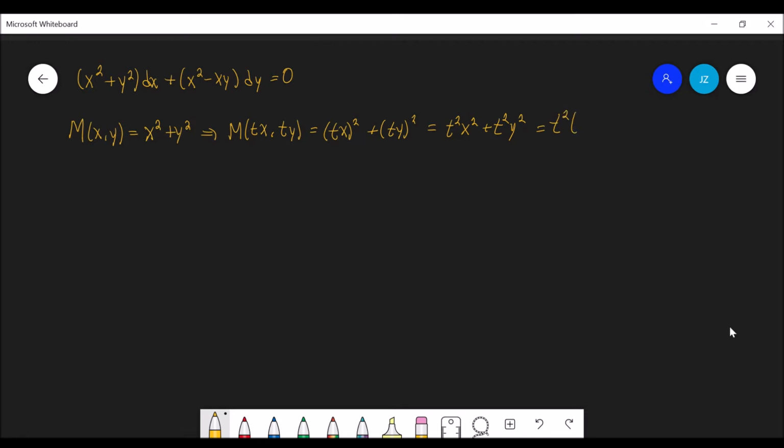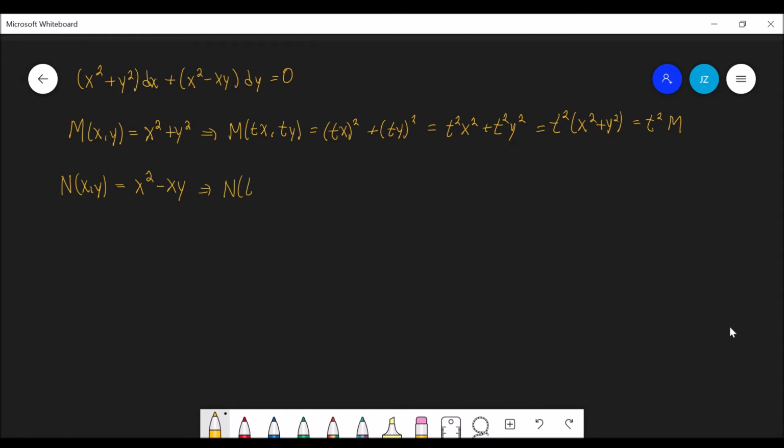This is t squared times (x squared plus y squared), which is t squared times M. So M is homogeneous of degree 2. N of x, y is x squared minus xy.